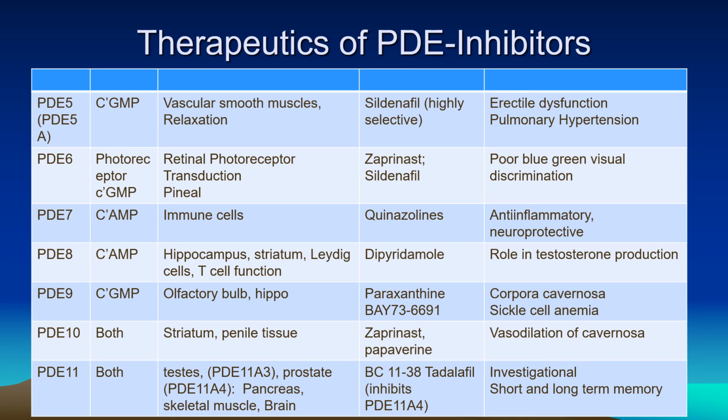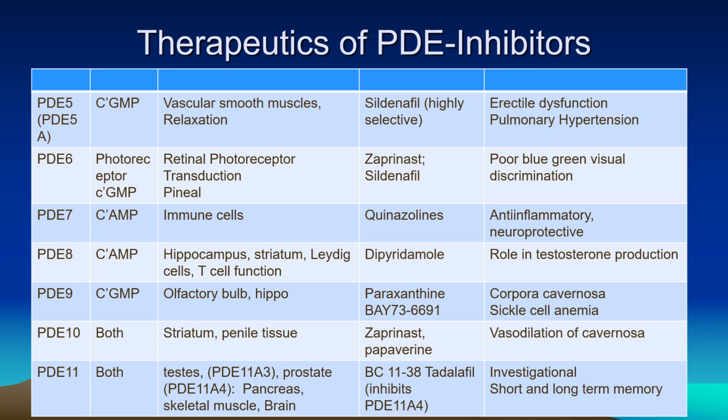Type 10 is found in the penile tissue as well as in the corpus striatum, and papaverine and zaprinast are being evaluated as drugs for erectile dysfunction. Type 11 is also found in many tissues including testes, prostate, pancreas and brain, and apart from tadalafil, investigational drugs are also being evaluated for the treatment of Alzheimer's disease and short and long-term memory.